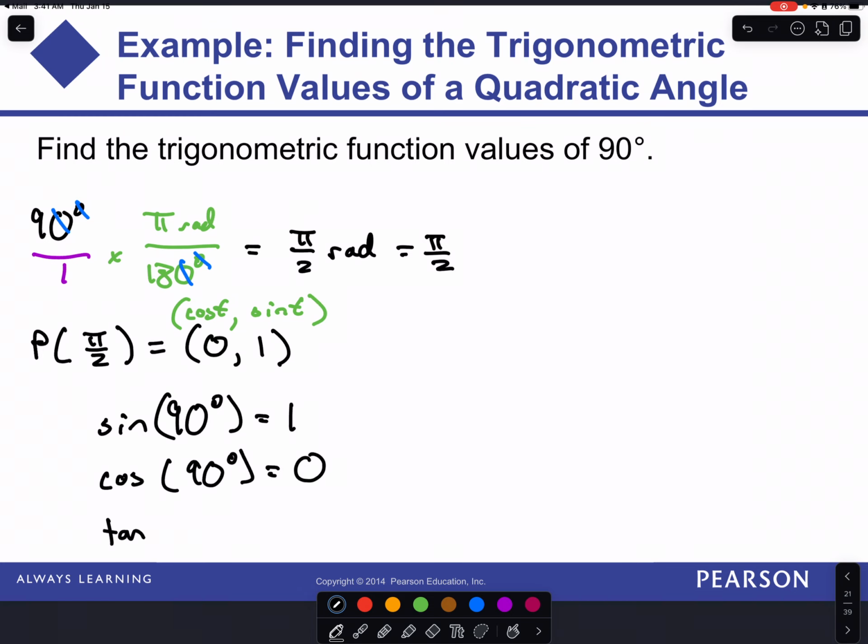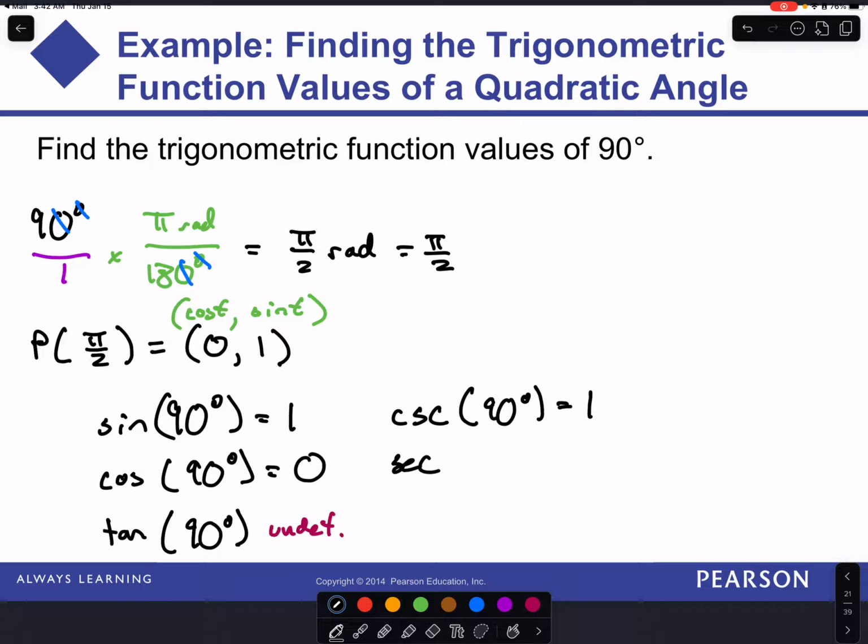The tan of 90 degrees, sine over cosine, that's going to be undefined in this case. The cosecant of 90 degrees is a 1.